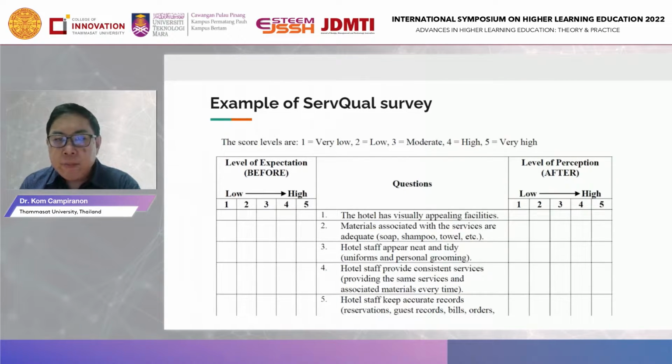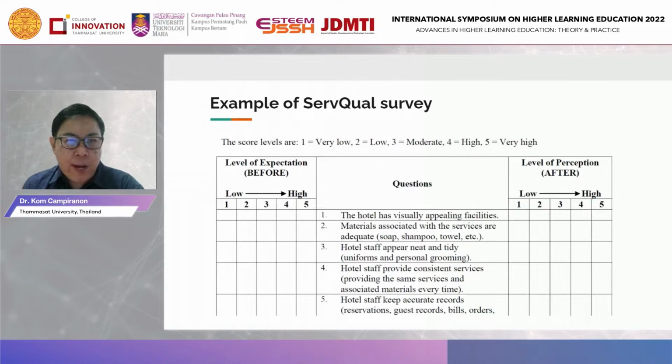Now, as you remember there are 5 dimensions of ServQual, right? The first one is called tangible. So for the first one, tangible, we might ask them, let's say 3 or 5 questions about the tangible dimension. Like in this example, they asked about the hotel facility, they asked about the materials in the guest room, they asked about the staff uniform, they asked about the service and so on.